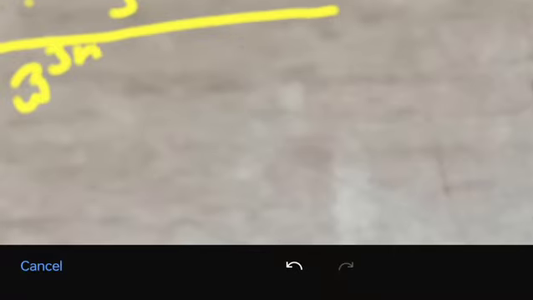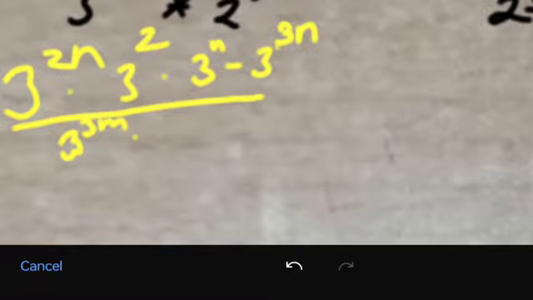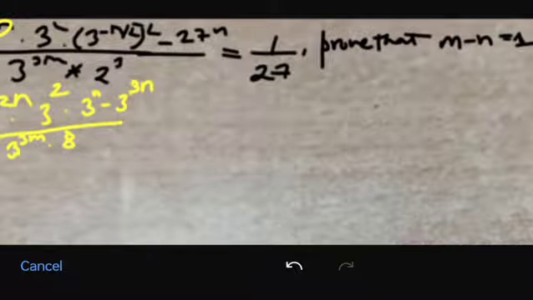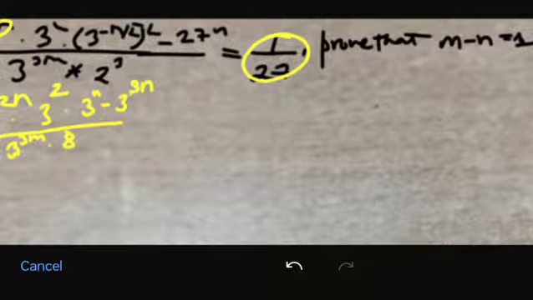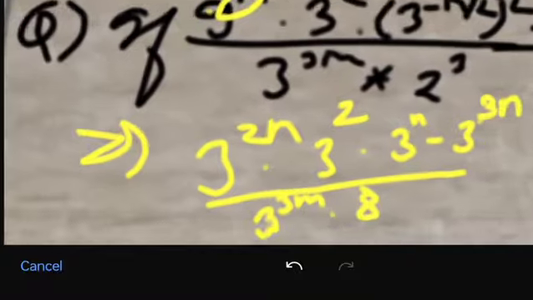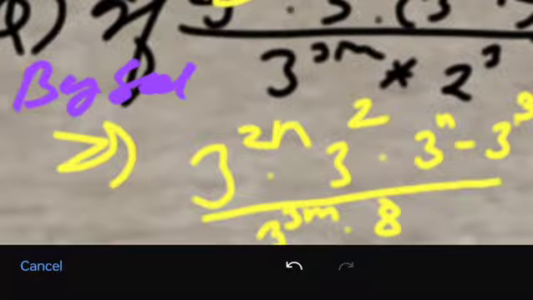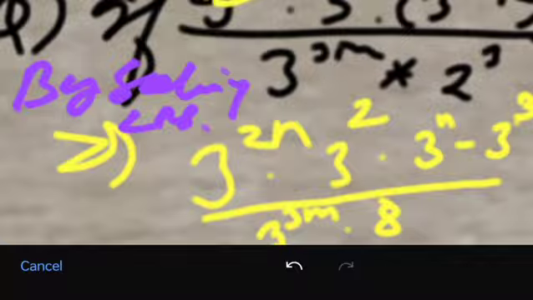So 3^m and minus 2 cube is 8. And again this expression, let's not touch this thing, right? I would write here by solving LHS, right? I am solving LHS right here.